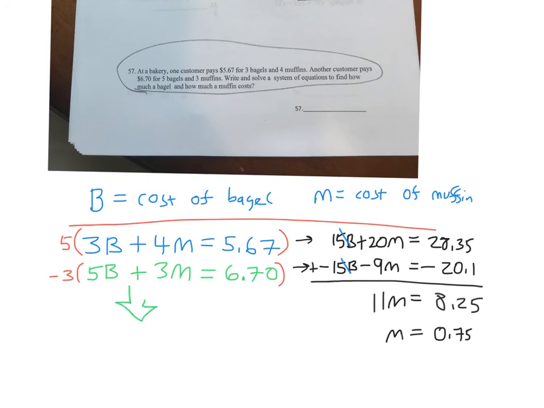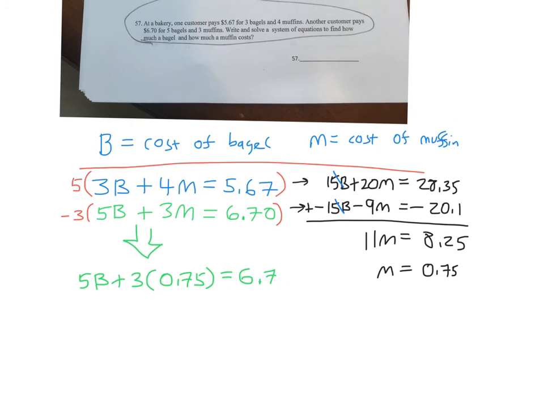I'm going to choose to use our green one. So that's going to be 5b plus 3 times 0.75 equals 6.7. That's 5b plus 2.25 equals 6.7. Subtracting 2.25 from both sides gives me 4.45, and this is a b, not a 13.